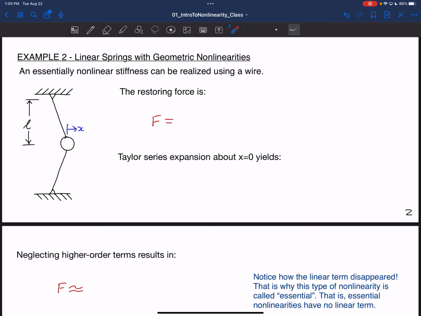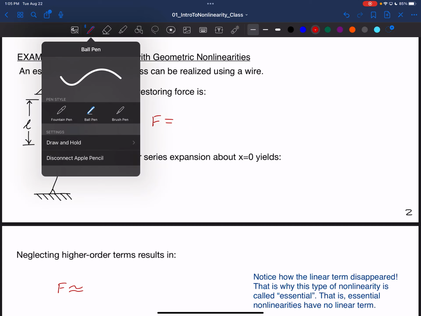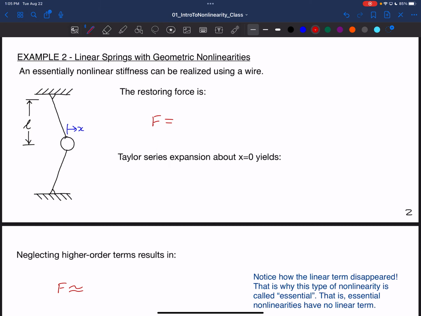Okay, so in this case, the restoring force is going to be, and again, I'm skipping steps here. You would have probably done some type of Newtonian analysis on this, or you could have done a Lagrangian analysis, but nevertheless, we're just skipping that. The restoring force is K times X, that's just our linear force.